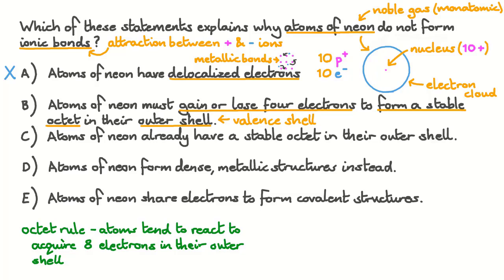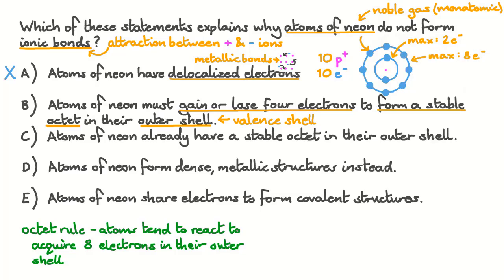To continue with this, we need to put the electrons in our neon atom into their shells. The first electron shell can fit a maximum of 2 electrons, leaving us with 8. And the second electron shell can fit all those 8 electrons and no more.